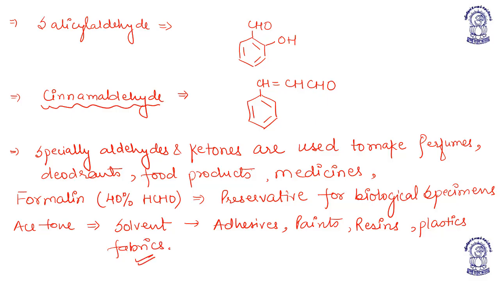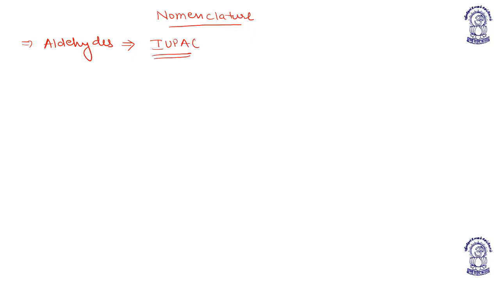Okay. Now we are going to study the nomenclature and the structure of the carbonyl group. When we talk about aldehydes, if you are writing the IUPAC name, then we use the suffix "al" and the prefix used is "aldo".